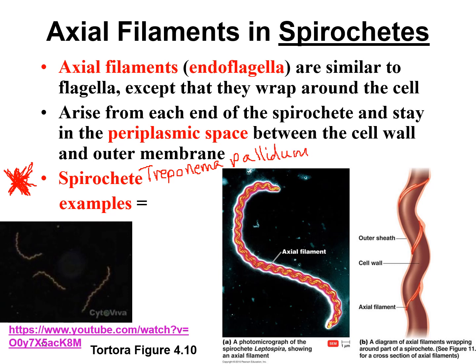This one causes the STD syphilis. So that is a spirochete. And our next spirochete example is called Borrelia burgdorferi.